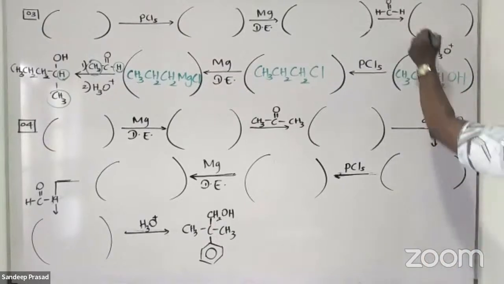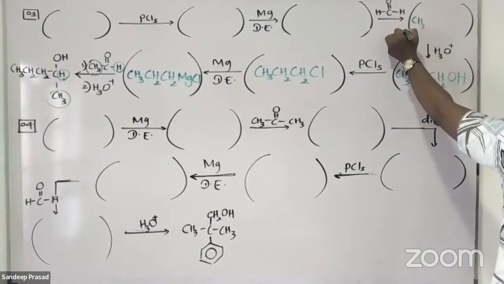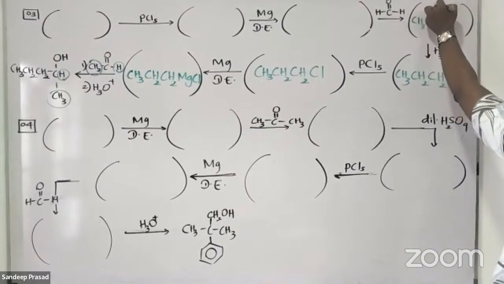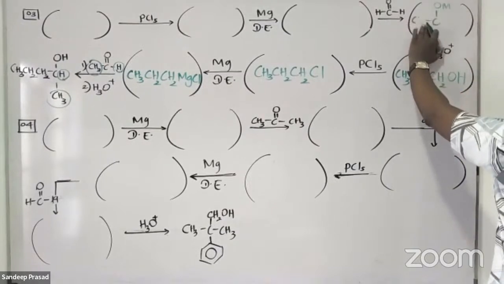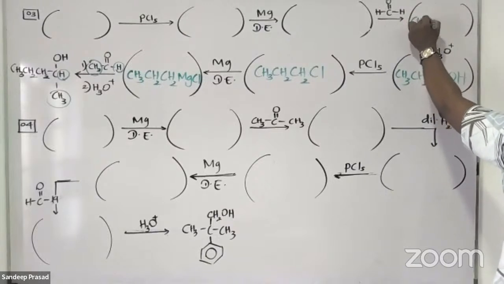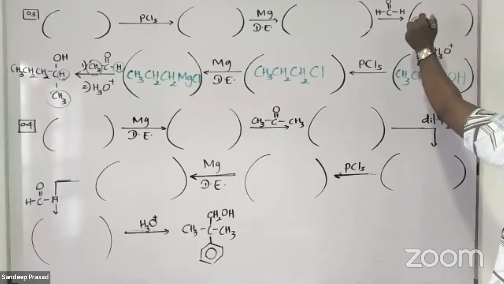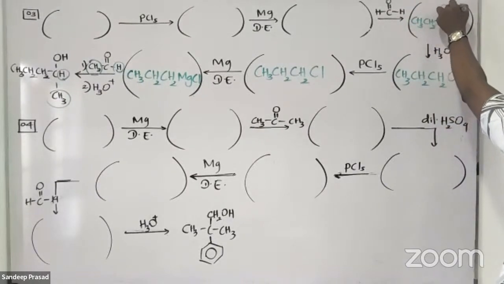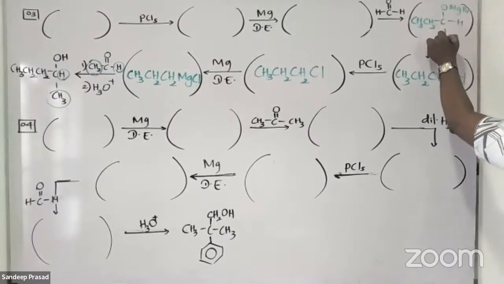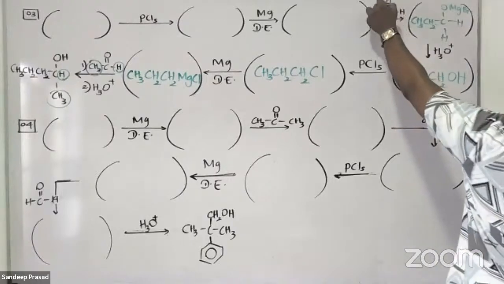Then definitely this is the formation of an alcohol using the Grignard reagent. So let's think in this way: OMgBr, CH2, OMgBr, H here, H here. So this is the methanal compound.